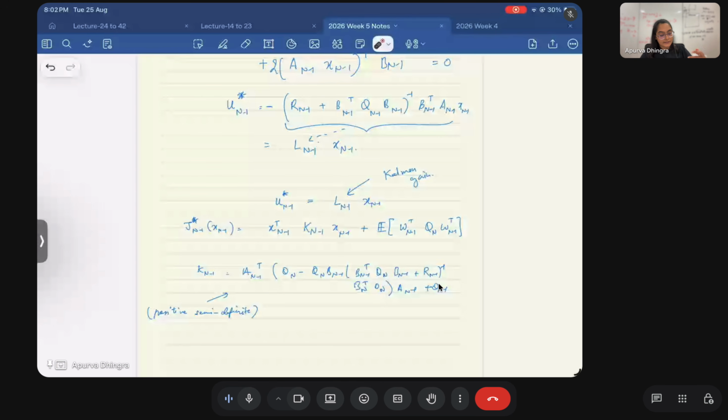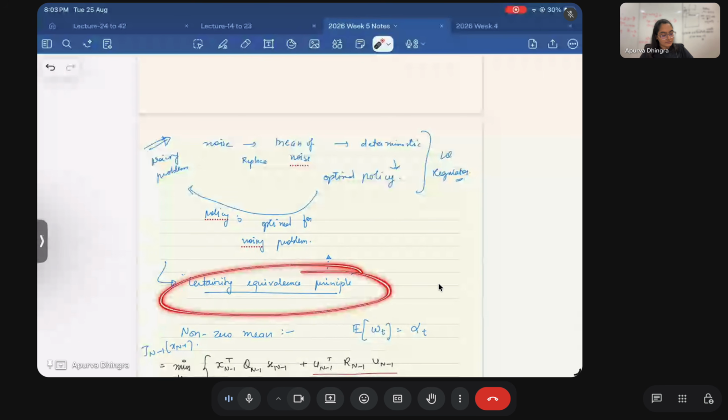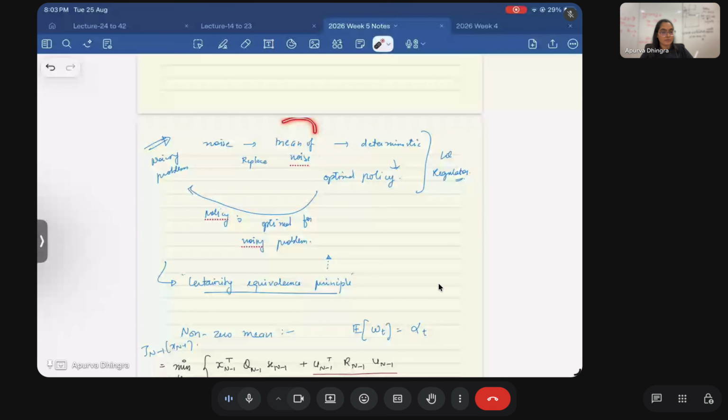This idea leads to what is called the uncertainty equivalence principle. It says: take a noisy problem, consider only the mean of that noise. If you're only considering the mean of the noise, it becomes a deterministic problem. Solve for the optimal policy, and whatever policy you get from here will also be the optimal policy for the noisy problem.